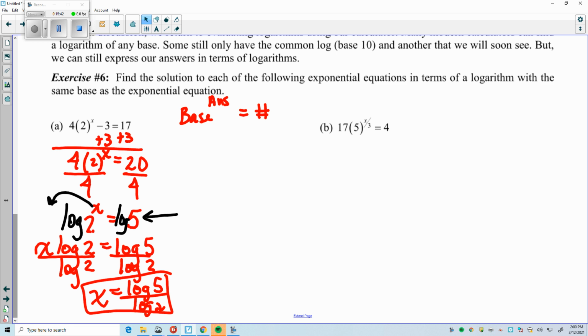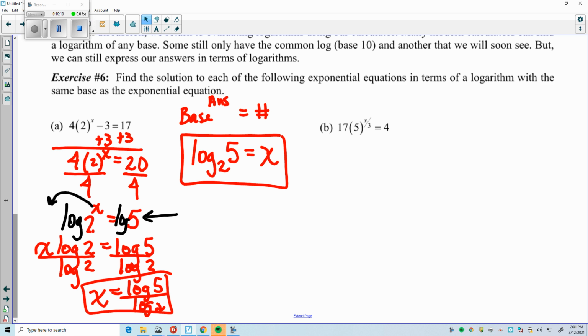So if we want to turn this back into a log equation, we kind of have to undo that property. Here's our base, so our base 2 is our log base 2. The number 5 equals the answer. Our answer is x. So all we're doing is taking that problem and undoing it, going backwards.